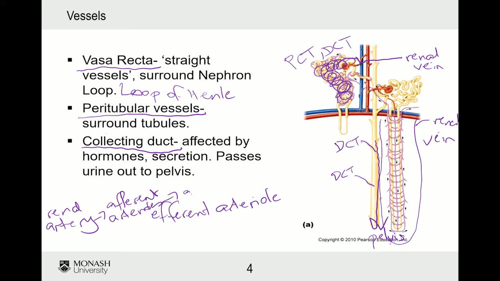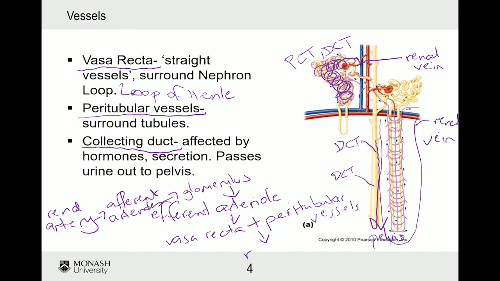The glomerulus, efferent arteriole, the vasa recta, and peritubular vessels. And eventually back to the renal vein.